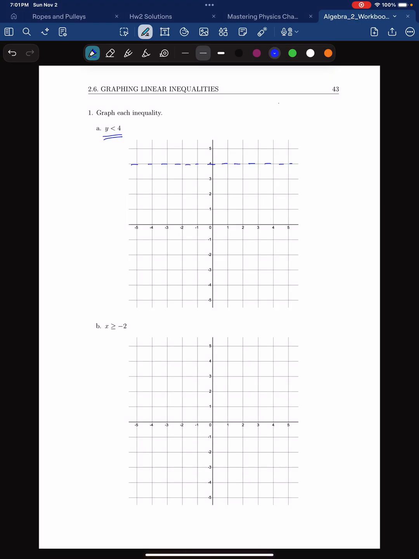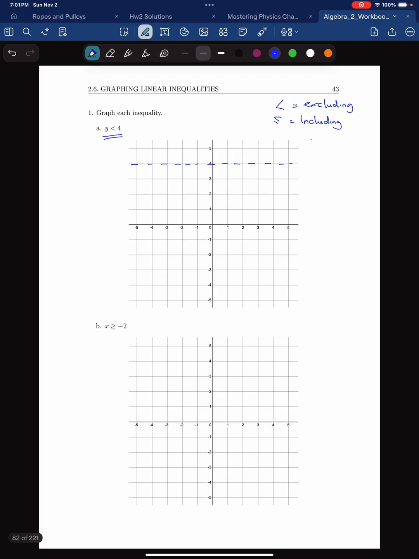I know we've already seen this before, but this is excluding, and less than or equal to is including.